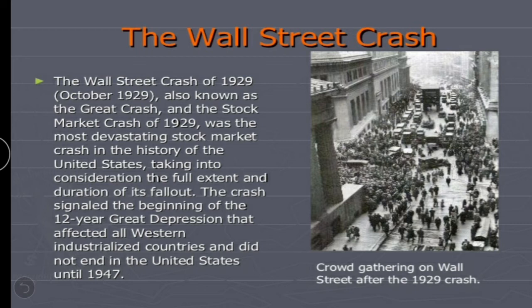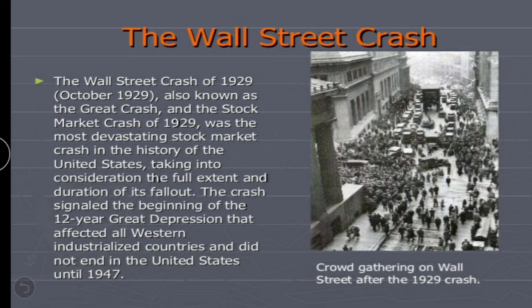So children, in this Wall Street crash, when the country was in crisis, this USA stock exchange, Wall Street exchange, helped the country from the economic crisis. And during the time of crisis, the support was withdrawn from the Wall Street exchange.